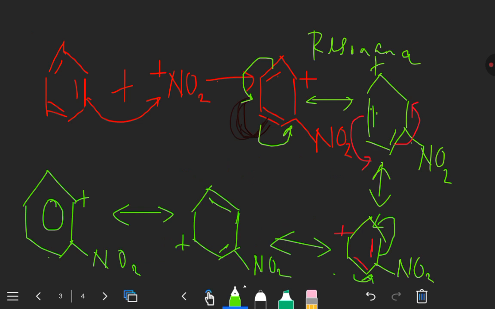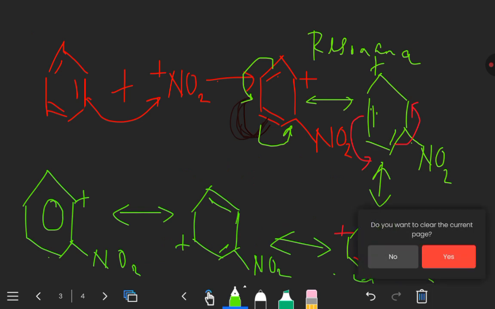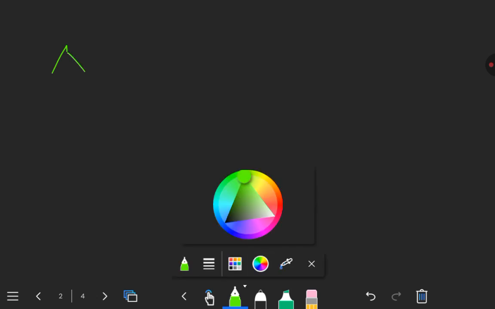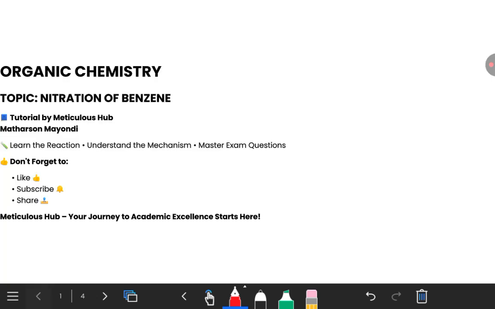Okay, so what we can do here, we can just do this. Mind you, remember this, we had this structure. We had the benzene ring like this, then we have NO2 there, then the double bonds are there.